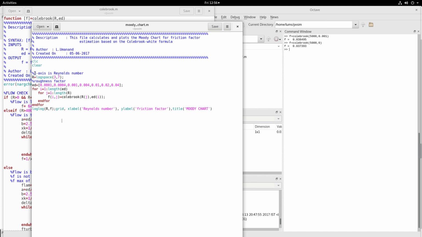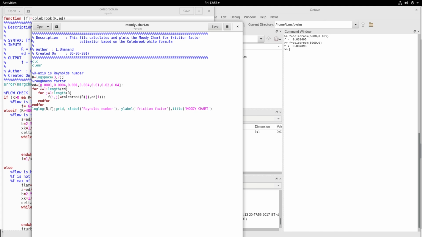So what I will do, the x-axis I am defining as the Reynolds number. I am sweeping the x-axis with Reynolds number values from 10 to the power of 3 to 10 to the power of 7. I am using logarithmically spaced points. That is the Reynolds number, and it's a vector now.